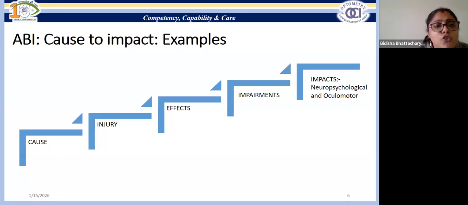Neuropsychological consequences mean patients may experience various cognitive deficits due to diffuse axonal injury. These deficits include slow information processing and impaired long-term memory, attention, working memory, executive function, social cognition, and self-awareness.